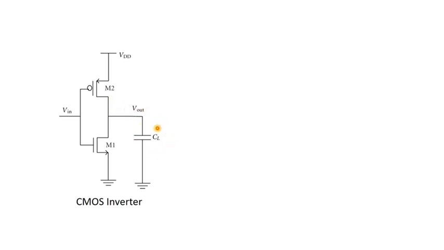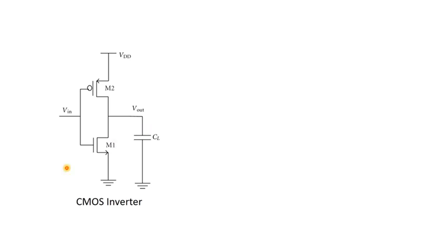So there are two opposite phenomena occurring. One is that M1 is trying to discharge this CL, and there is one current from this VDD which is trying to charge this CL. These two opposing phenomena will obviously impact the switching speed of other NMOS inverters.